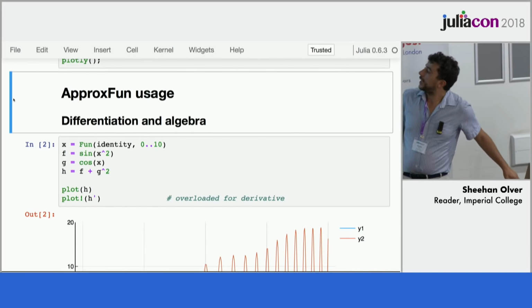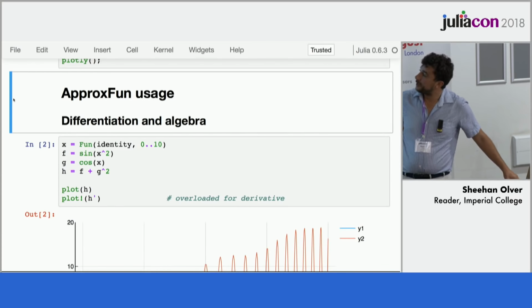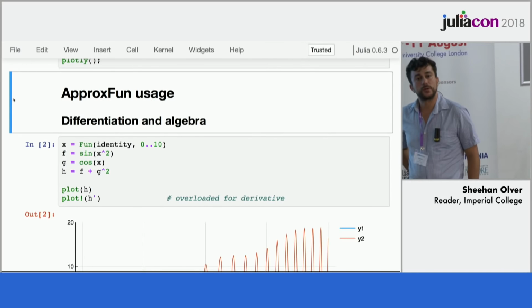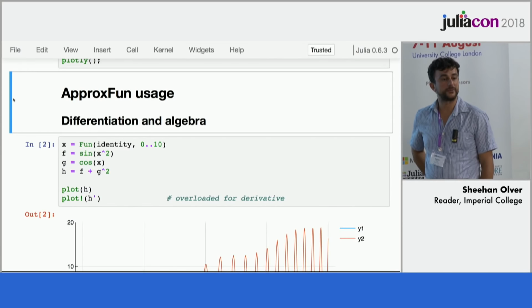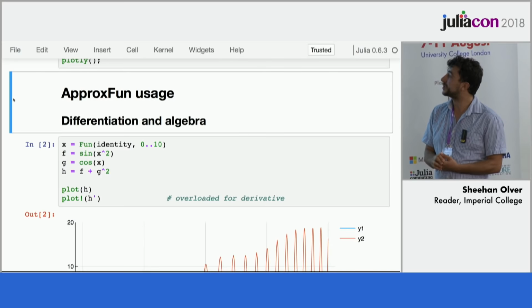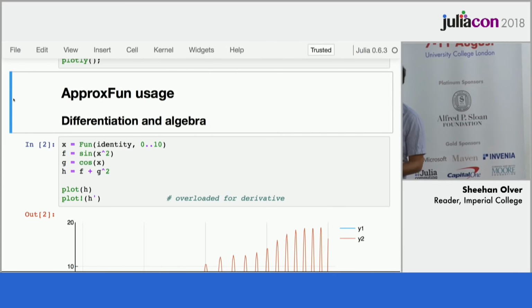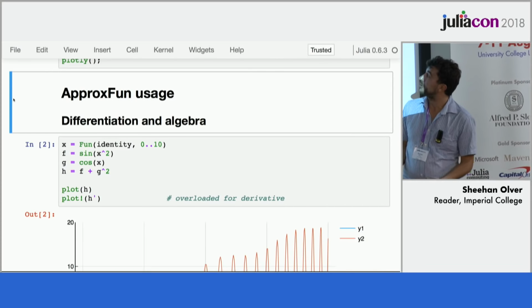I just wanted to give a brief overview of what you can do with approximation and some of the features, and then dig a little bit into how everything is implemented. The first part is the simplest one, manipulating functions.